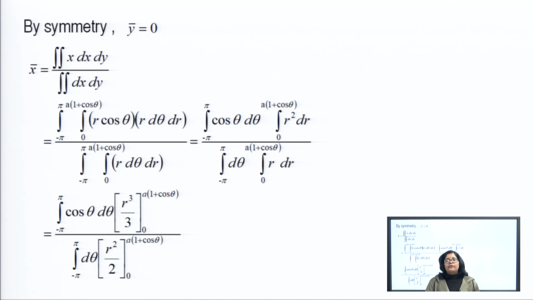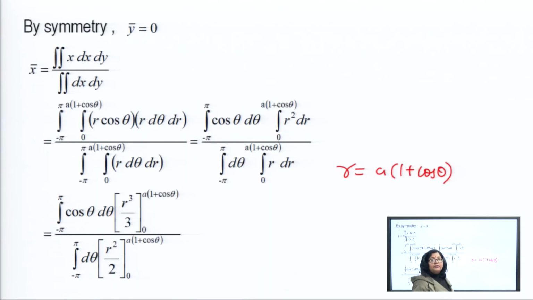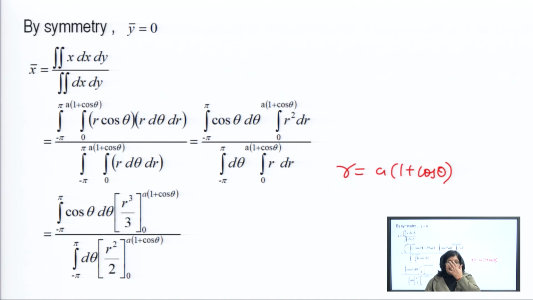The limits of r go from 0 to a times 1 plus cos theta, and theta goes from minus pi to pi.